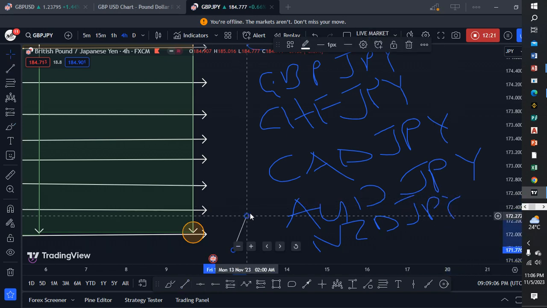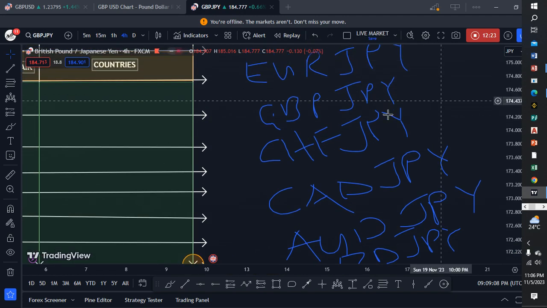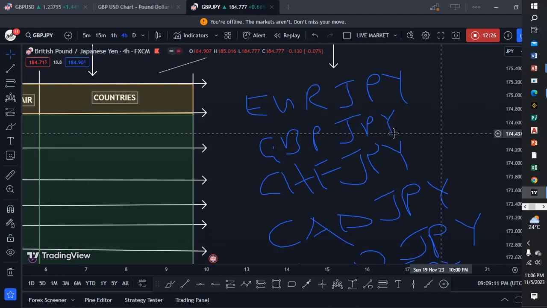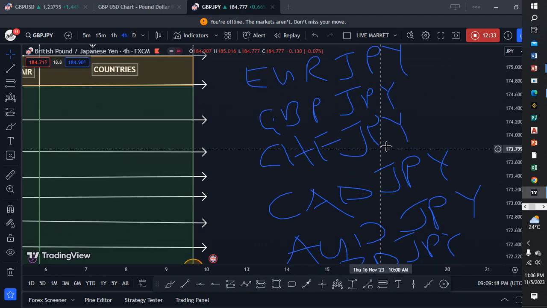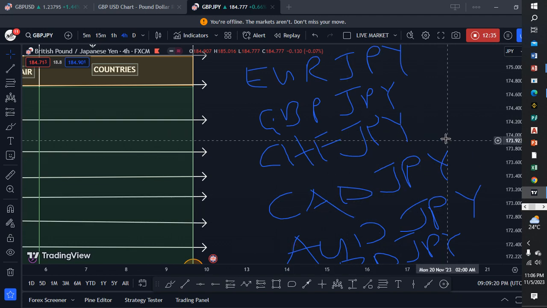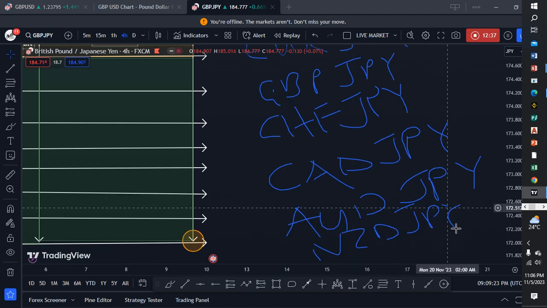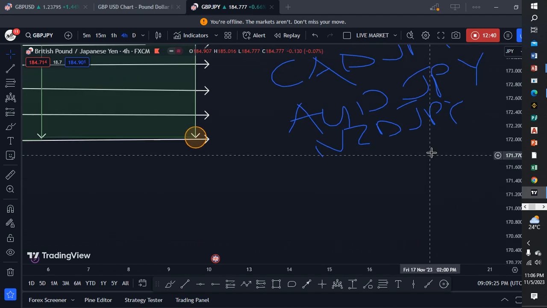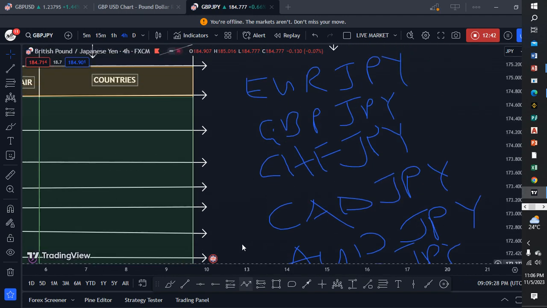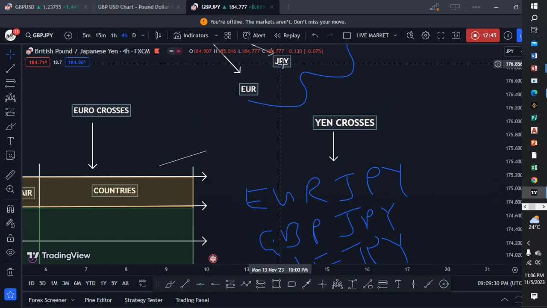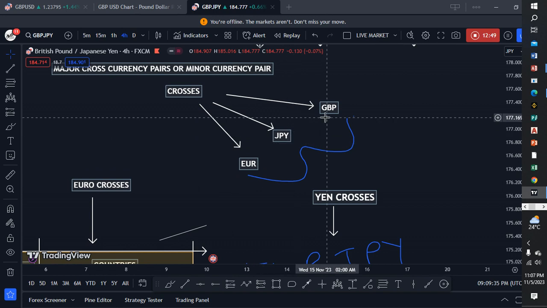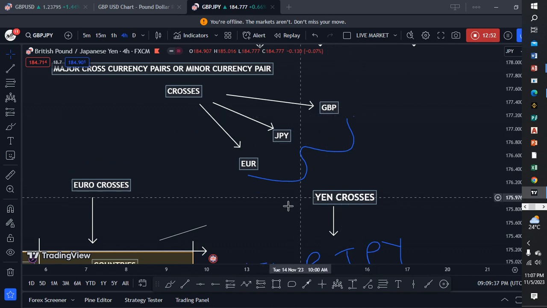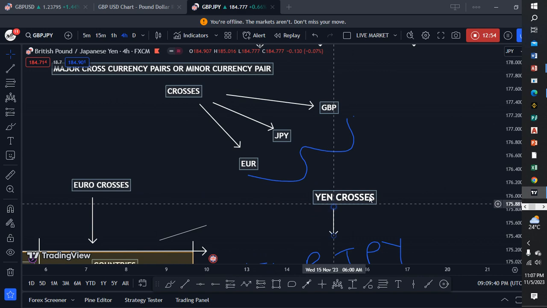So these are examples of the yen crosses: the euro JPY, GBP JPY, CHF JPY, CAD JPY, Australian dollar JPY, New Zealand dollar JPY. And we also have the pound crosses. So you have looked at the euro crosses and the yen crosses.